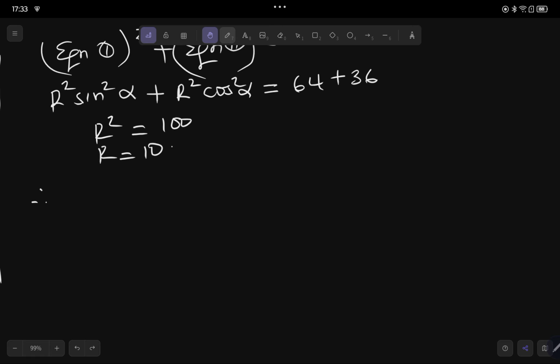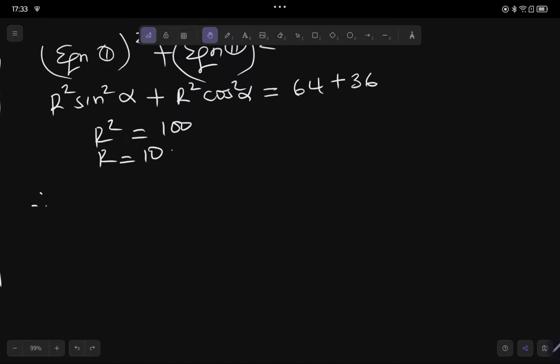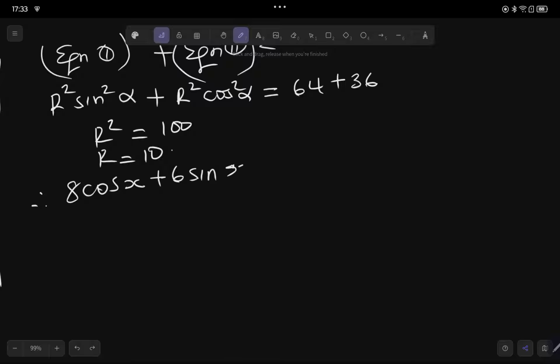We can now say that 8 cos x plus 6 sin x is 10 sin(x plus 53.1 degrees).